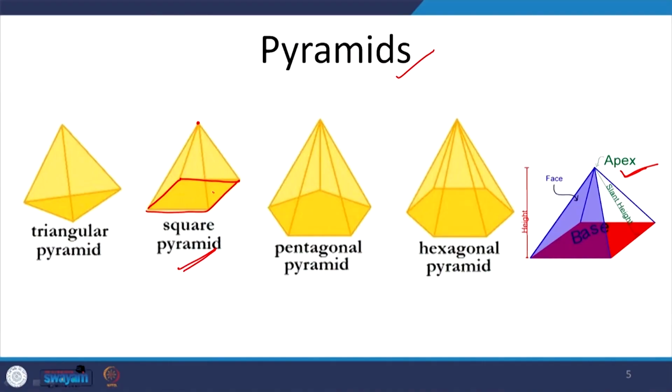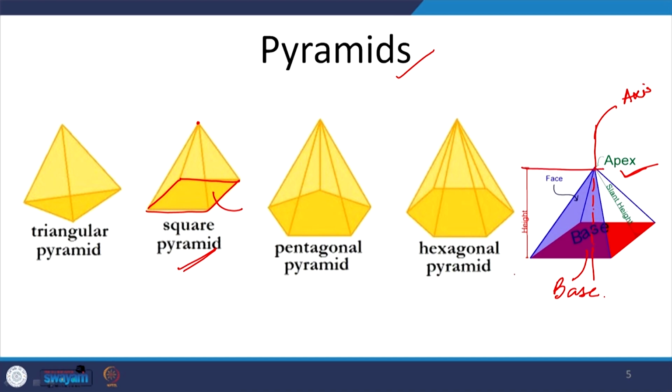Now, pyramids are also of various types. Again, here we have the base, exactly similar to that of a prism. We will have an axis here, as we had in prism as well, and the height.